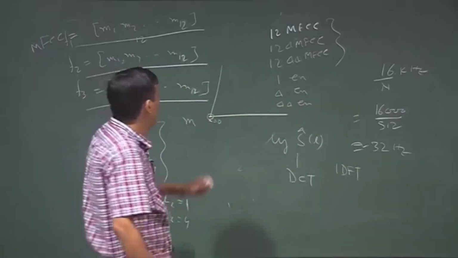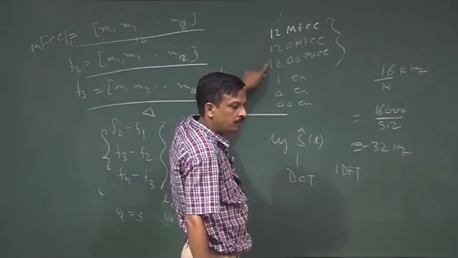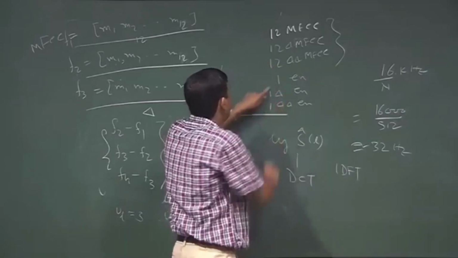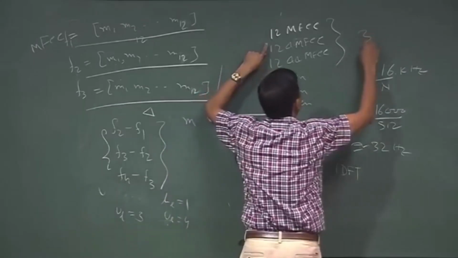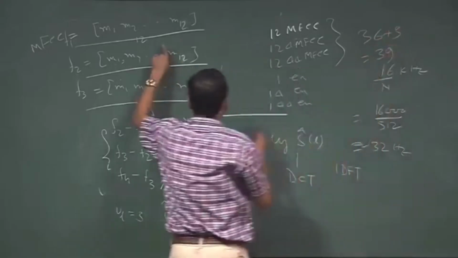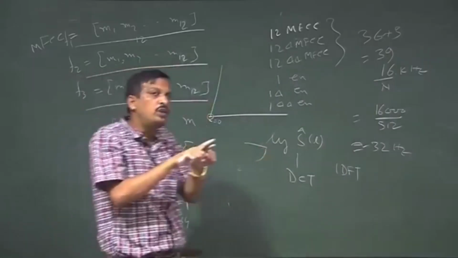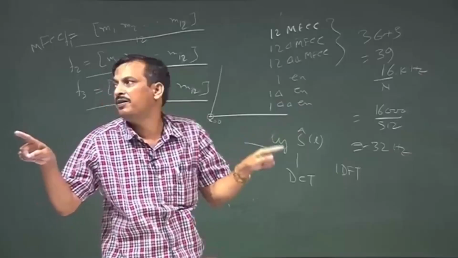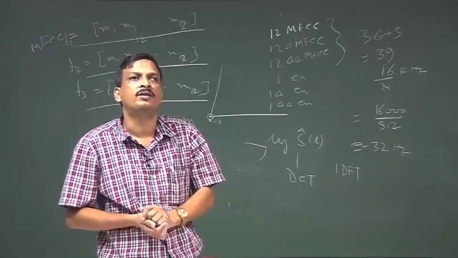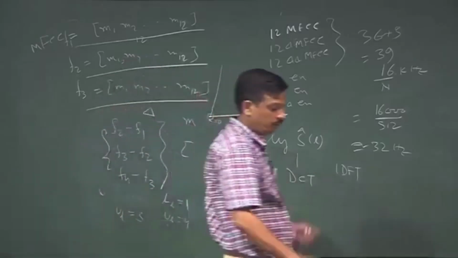So, that gives me 12, 12, 12, 1, 1, 1. So, 36 plus 3, a 39 dimensional feature vector. So, this is called the MFCC feature vector. Okay.